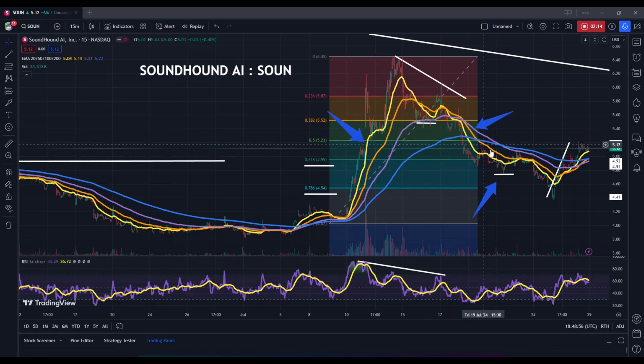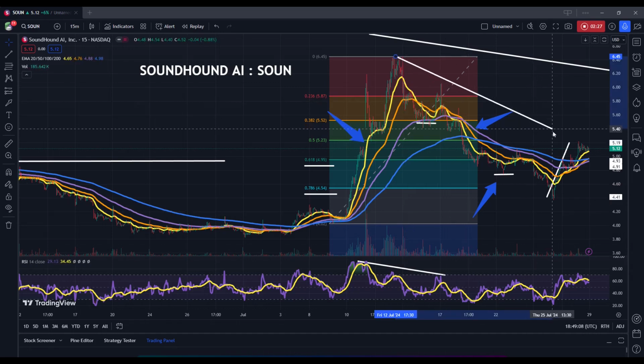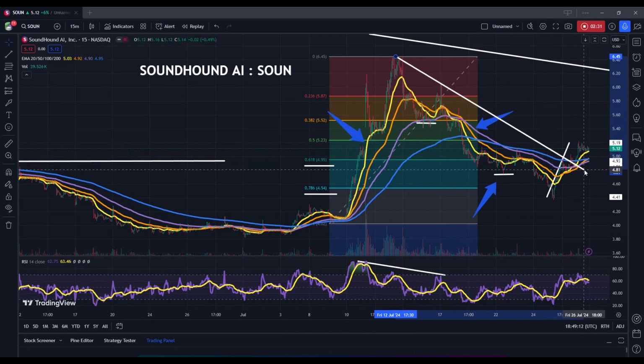Currently, what we're looking at is a price rally that stems from roughly $4 per share to roughly $6.50 per share. This is significant because it means that we have broken through the 618 retracement level on these 15-minute price charts.